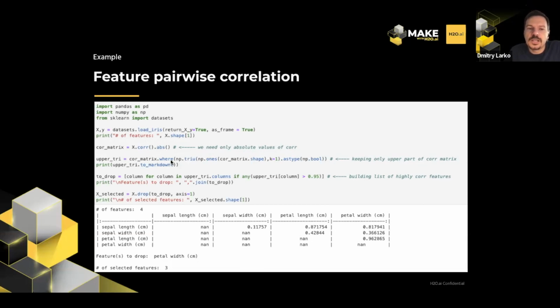Again, a correlation matrix is symmetric, so we don't need the bottom part of it at all. So I remove it, and after that I find the columns which have a correlation of more than 0.95, and those are the columns I'm going to drop from the data set. So yeah, that's basically the code example.